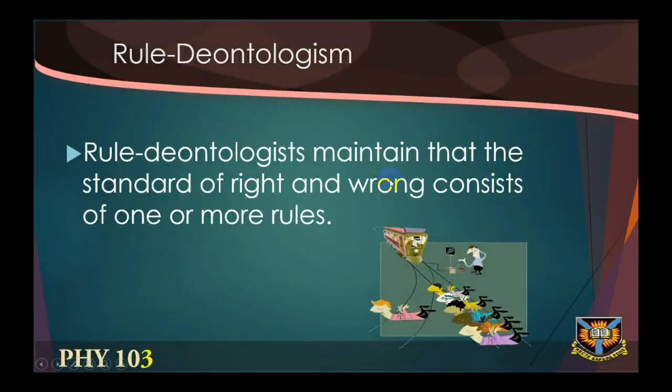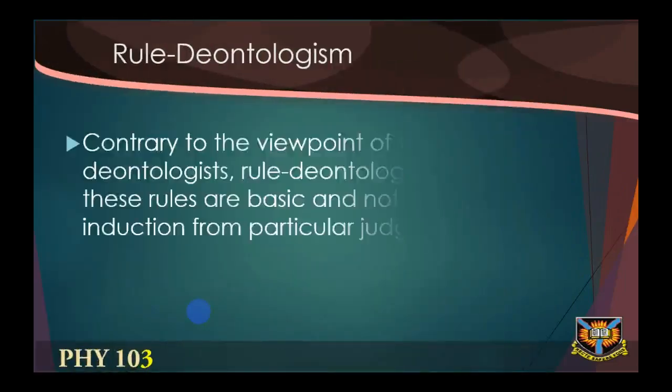Rule-Deontologism. Rule-Deontologists maintain that the standard of right and wrong consists of one or more rules. They, however, insist that these rules are valid independently of their utility or consequence.